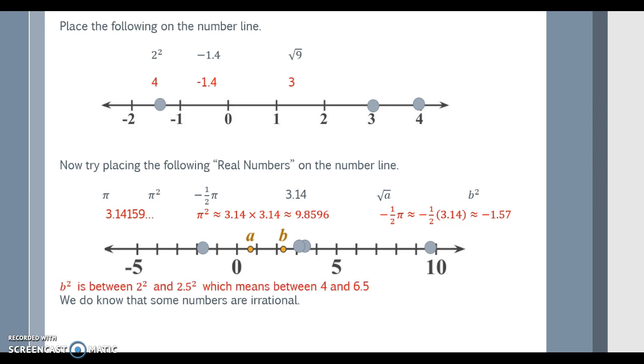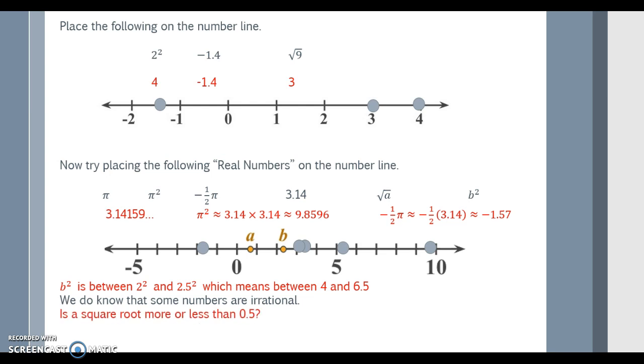And when I look at b squared, it must be between 2 squared and 2.5 squared, since it's slightly to the left there, which means it must be between 4 and 6.5. So I'll place it in between 4 and 6.5, somewhere between there.